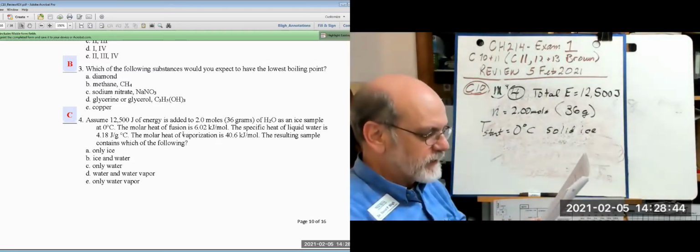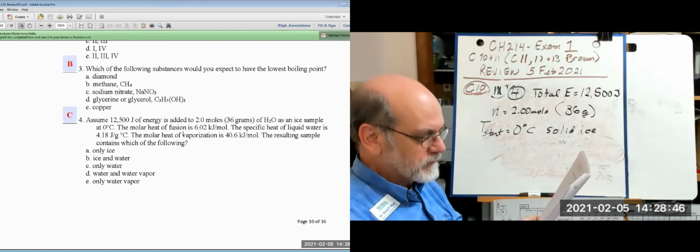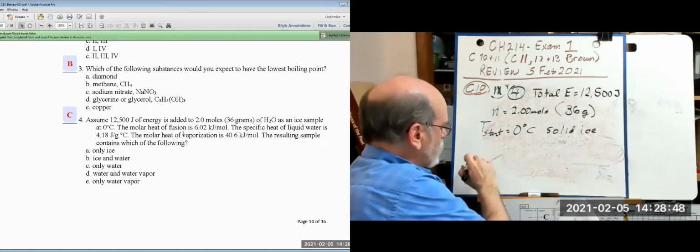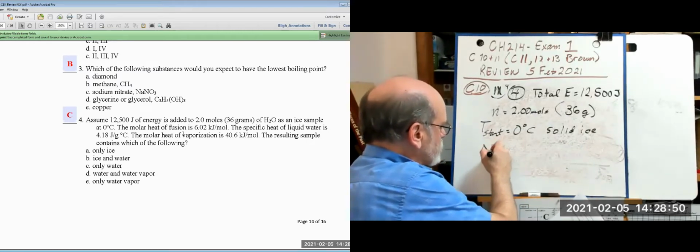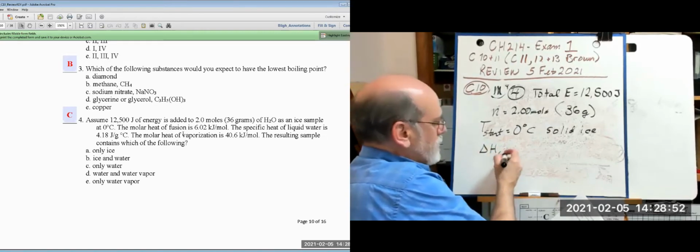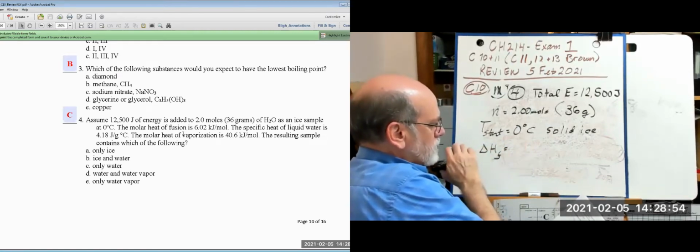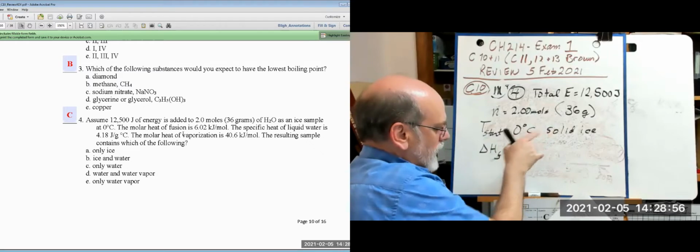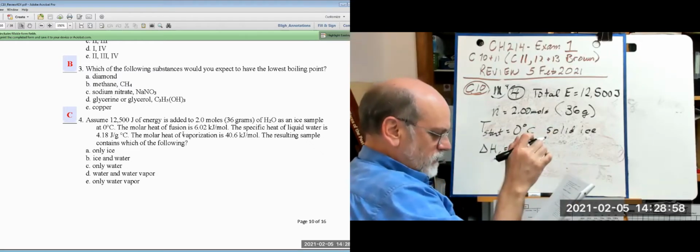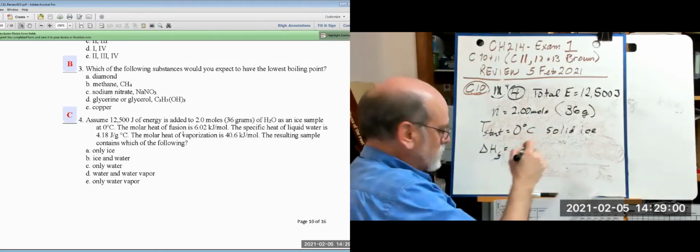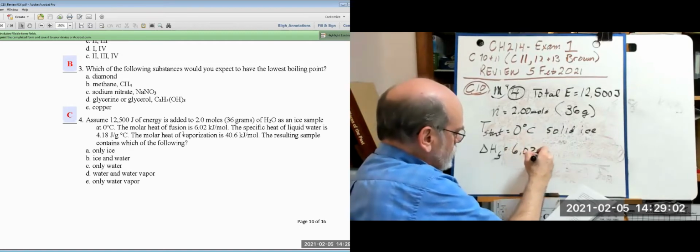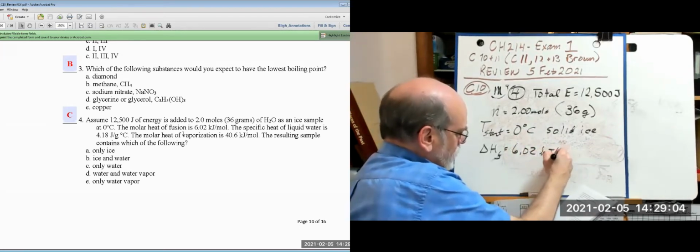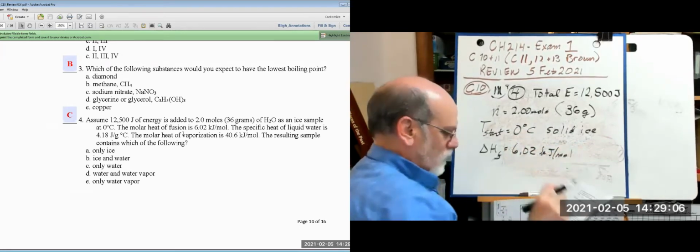Now you're also given the molar heat of fusion. So the delta H fusion for ice is 6.02 kilojoules per mole.